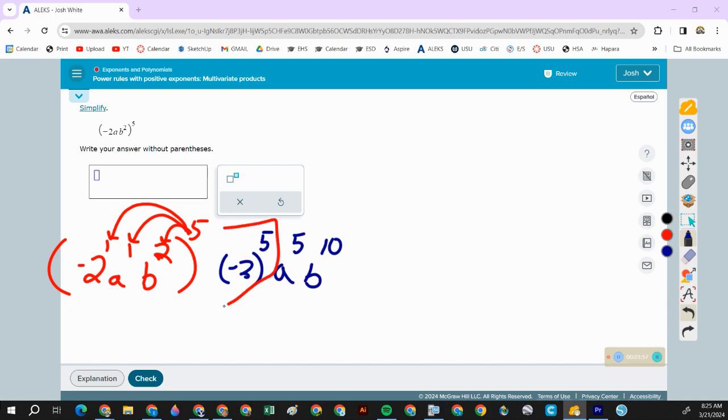And this one I can actually figure out the answer. Negative 2 times negative 2 is 4, times negative 2 is negative 8, times negative 2 is 16, times negative 2 is negative 32, a to the 5th, b to the 10th. And notice, I put this one in parentheses because of the negative. Right?